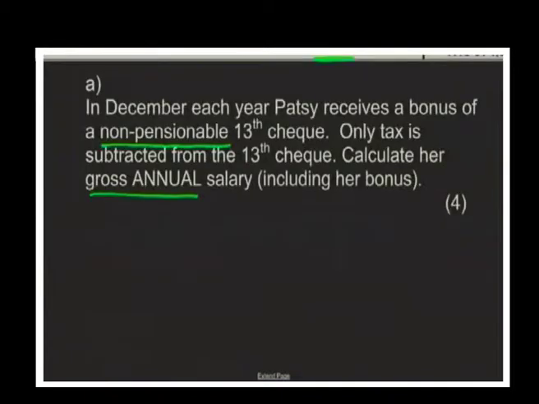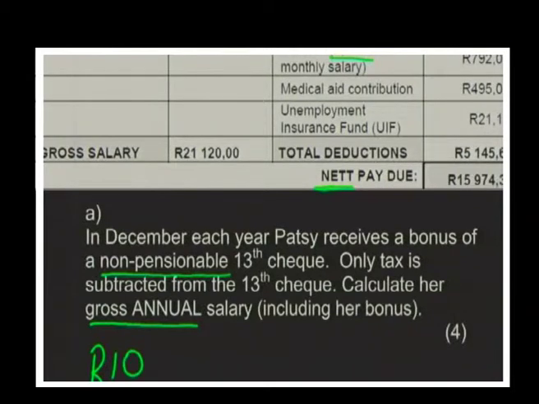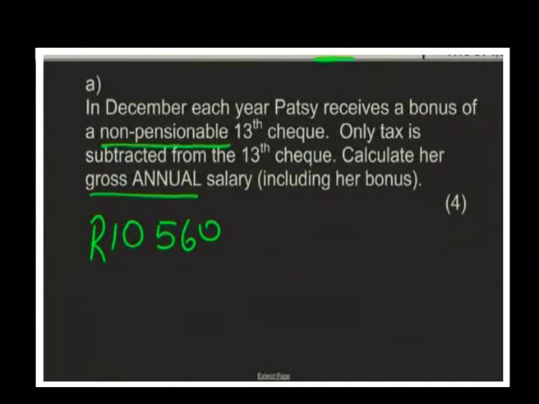So let's see, her gross annual salary, she basically earned 10,560 Rand per month. That was her salary. She actually earned that for 13 months. So we can just multiply by 13. Or we can say, well, okay, let's multiply it by 12. That's going to give me my annual salary plus a 13th cheque.